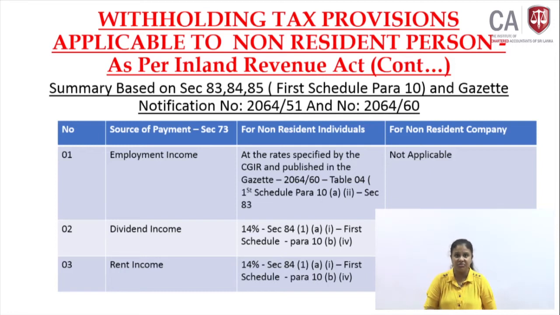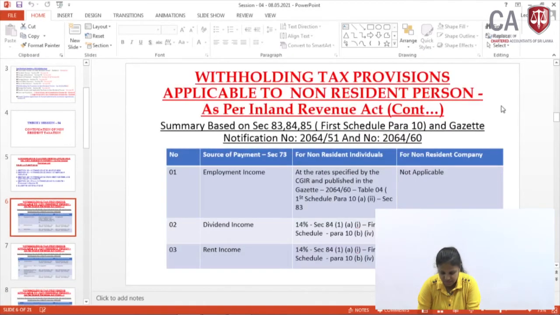In the Gazette notification, the applicable rates on PAYE are in table 4. This Gazette refers to the first schedule para 10 Roman 2 and section 83. For a non-resident company, since this is employment income, this is not applicable. Then we will look at the Gazette notifications after discussion of all of these things.